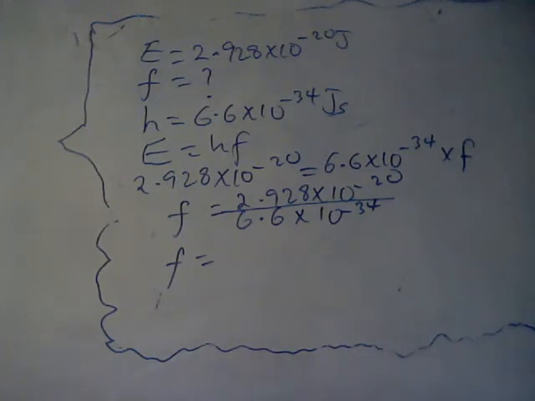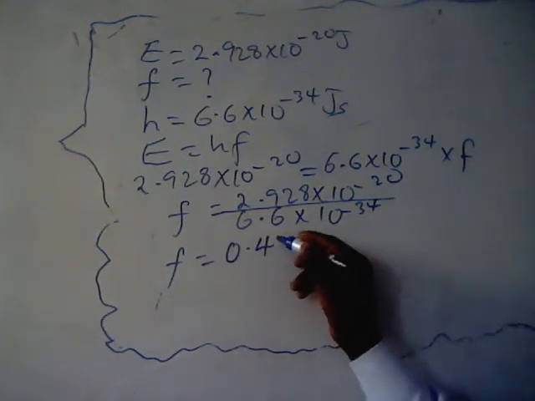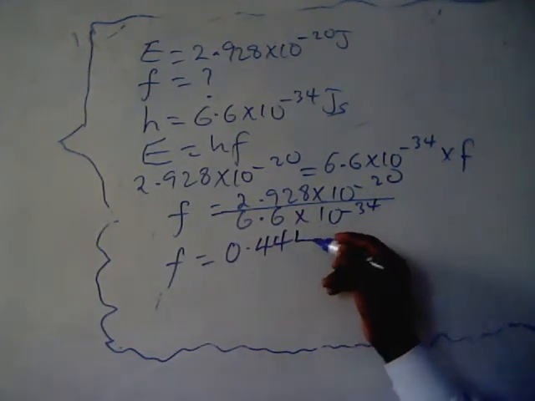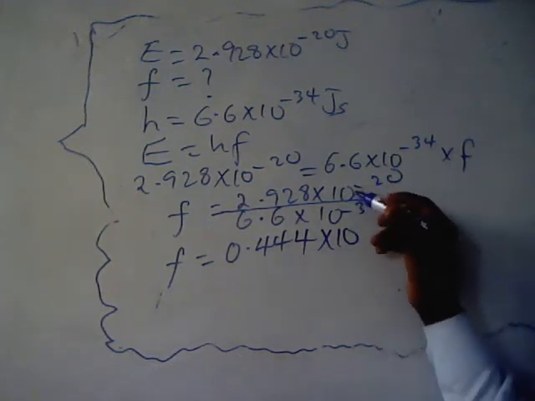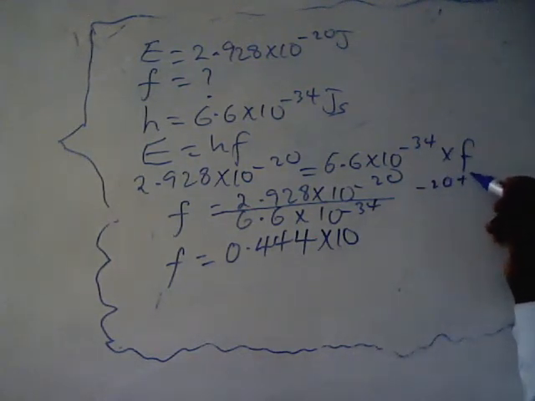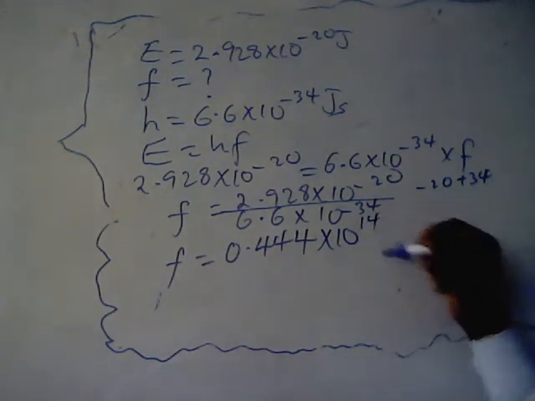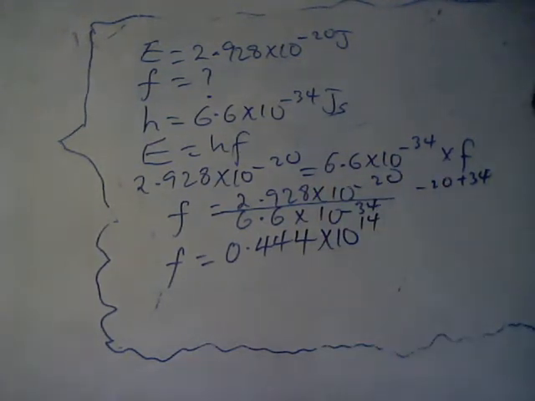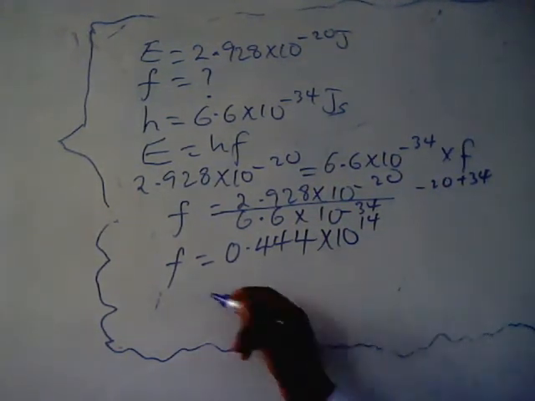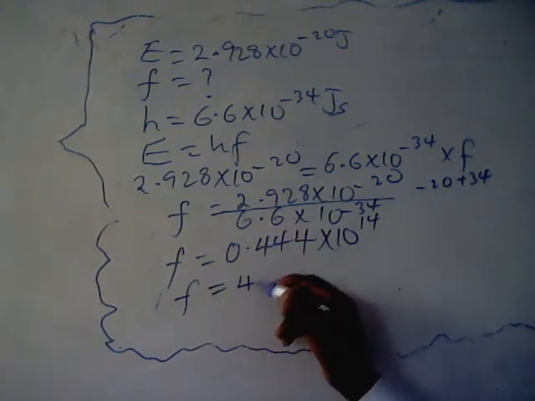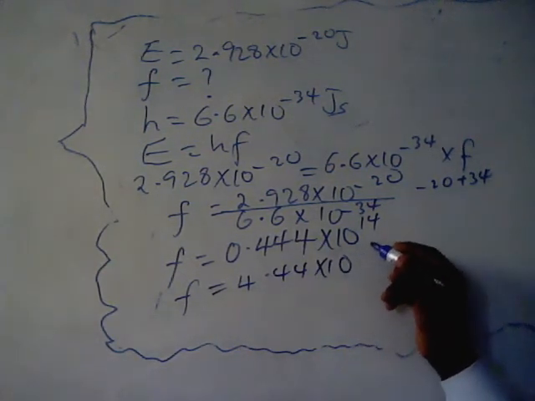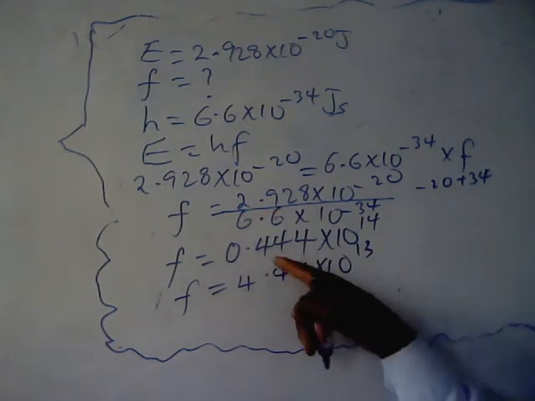So 2.928 divided by 6.6 gives us 0.444. Then times 10 raised to the power, indices, minus 20 plus 34. That is 14. Or you use the calculator to divide directly. In standard form, f equals 4.44 times 10 raised to power 13, because when you move the decimal this way, it is minus 1.